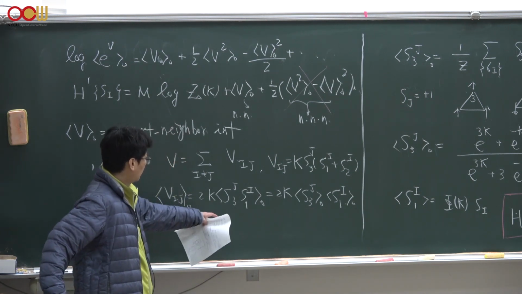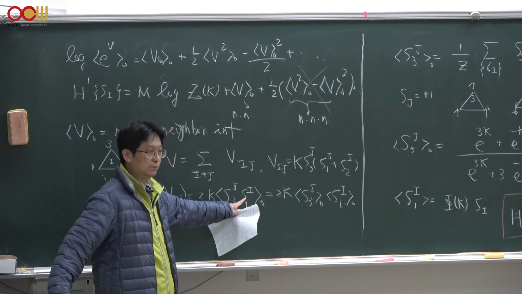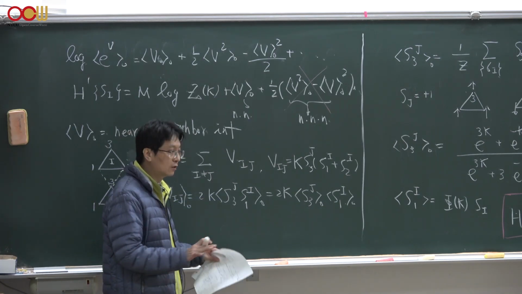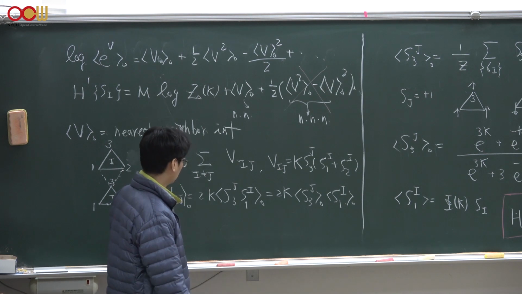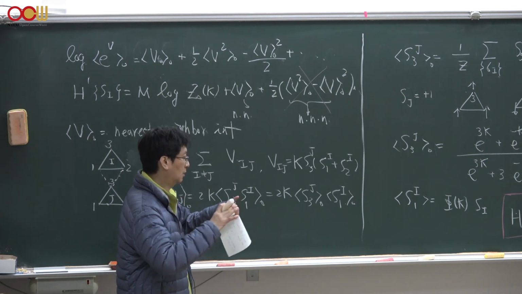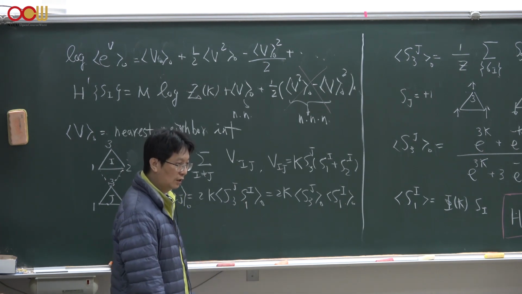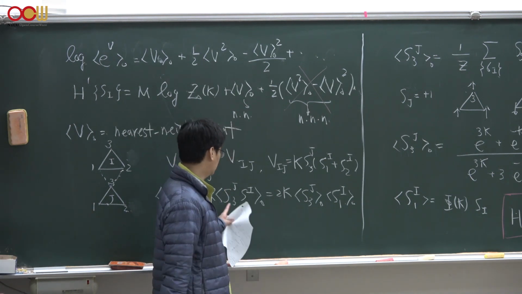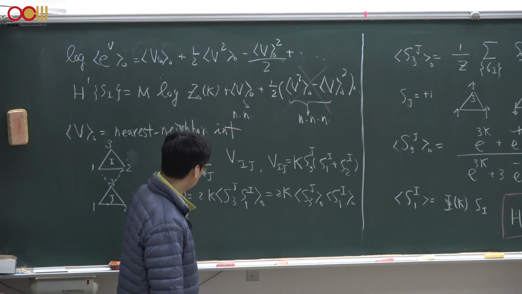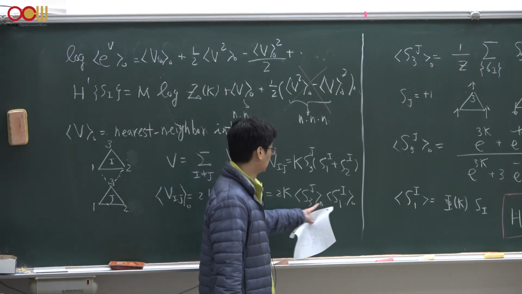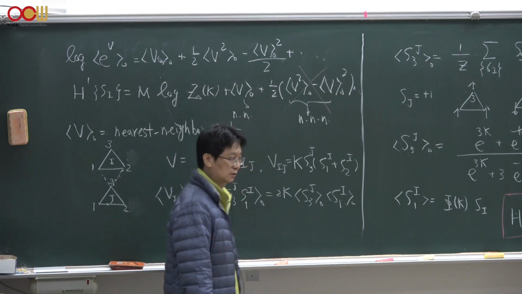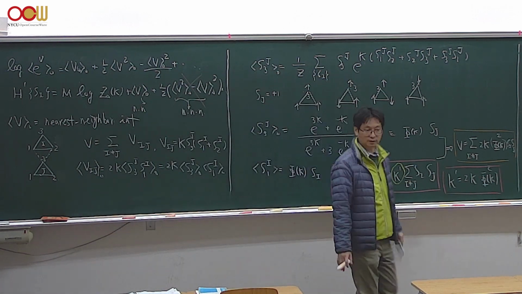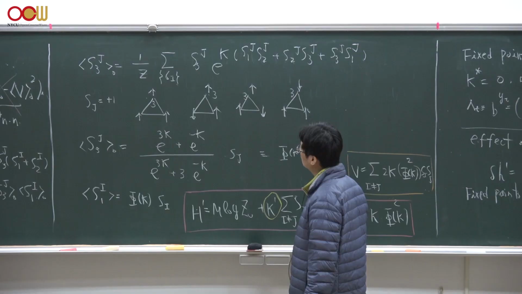And because S1 belongs to block spin I and S3 to block spin J, they are different separate block spins. Therefore, if you take the ensemble average with respect to the blocks, they should be decoupled. And therefore, we can simply decouple these two spin correlations into the product of the two single spin ensemble averages. But what is the single spin ensemble average of S3J?